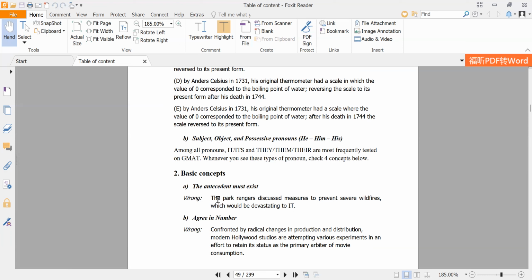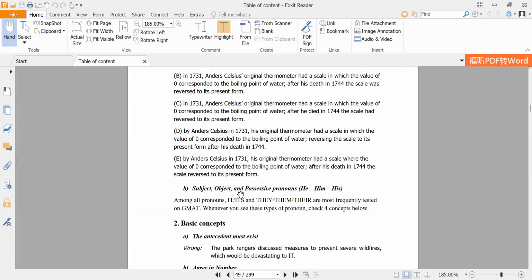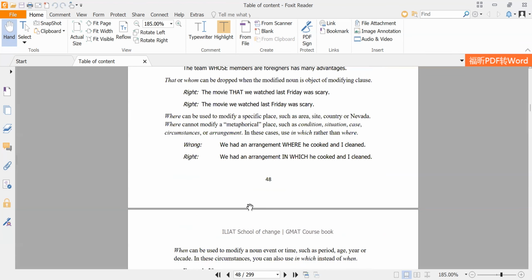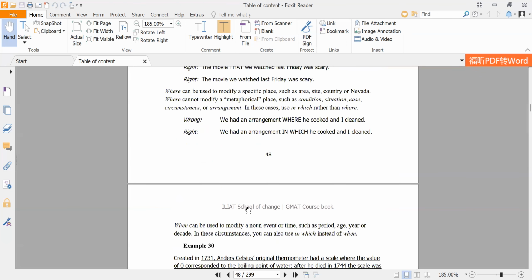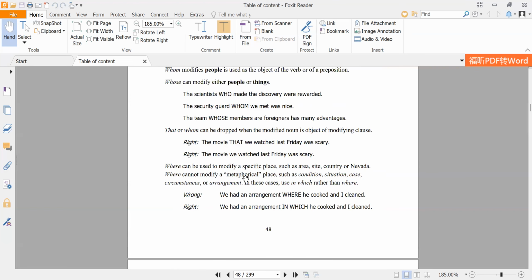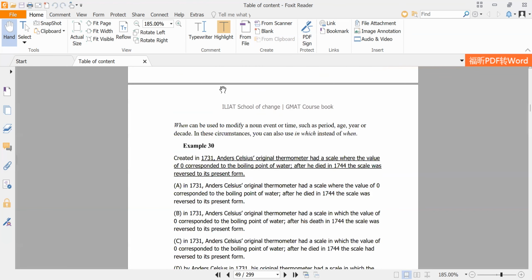For example, the park rangers discuss measures to, well, actually, let's skip this sentence. Let's pick something that is more basic. So for example, my cat loves scratches.